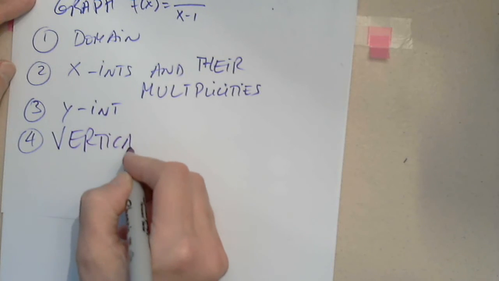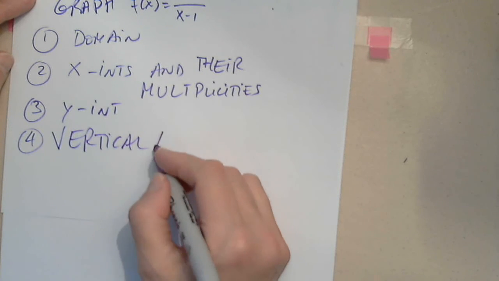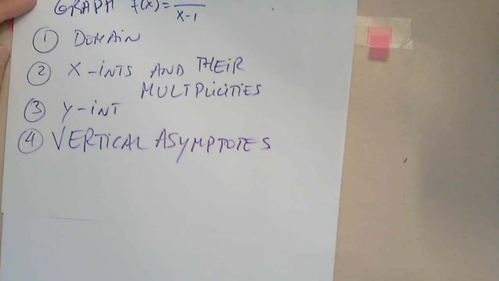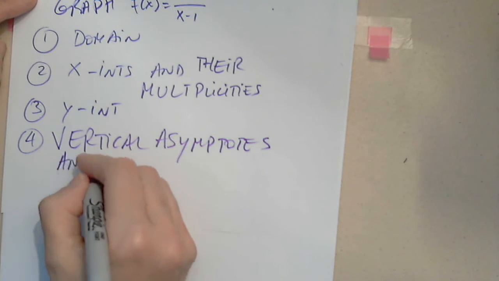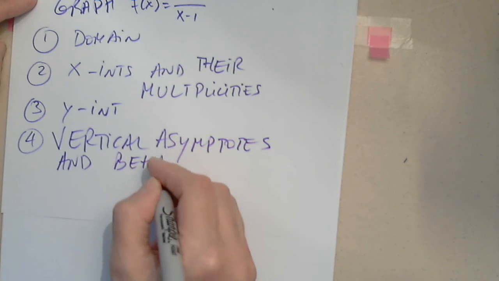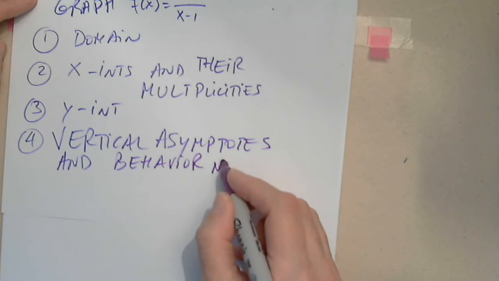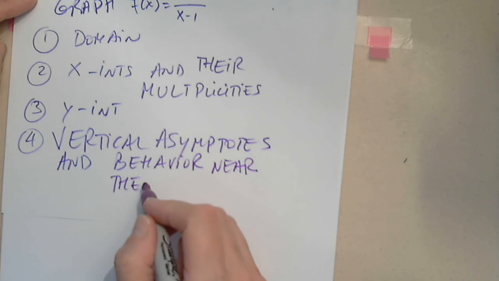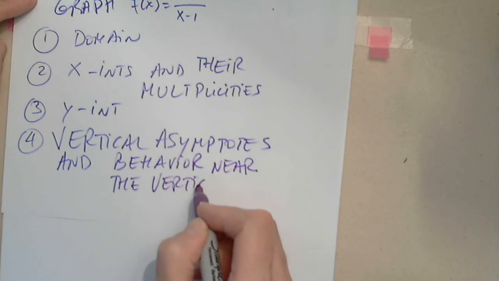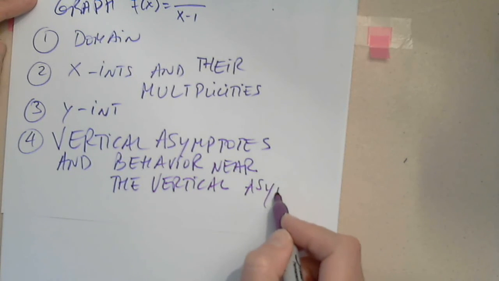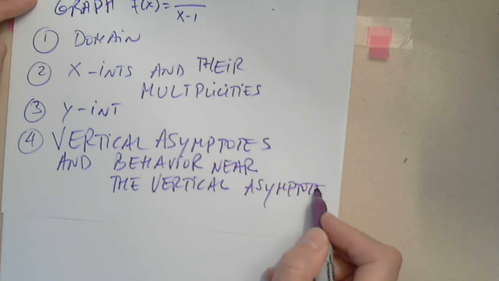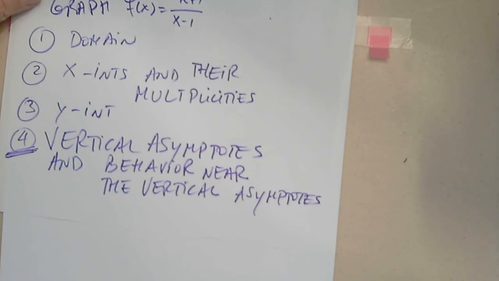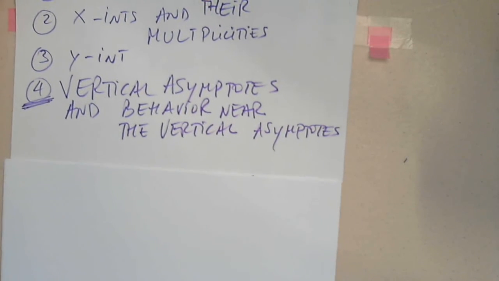Vertical asymptotes, and behavior near the vertical asymptotes. New. This is totally new. Polynomials do not have asymptotes. I'll explain.